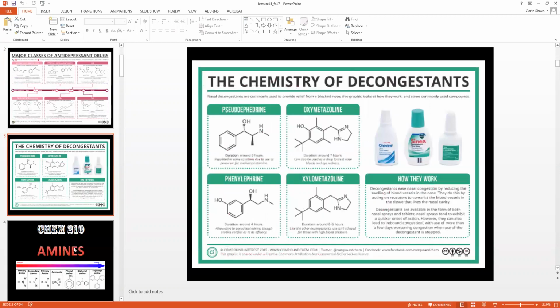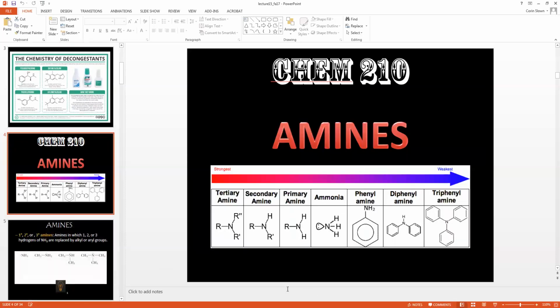And then if we think about the chemistry of decongestants, whether that's pseudoephedrine or oxymetazoline or phenylephrine or xylometazoline, again, each of these has this class of functional groups called the amines.